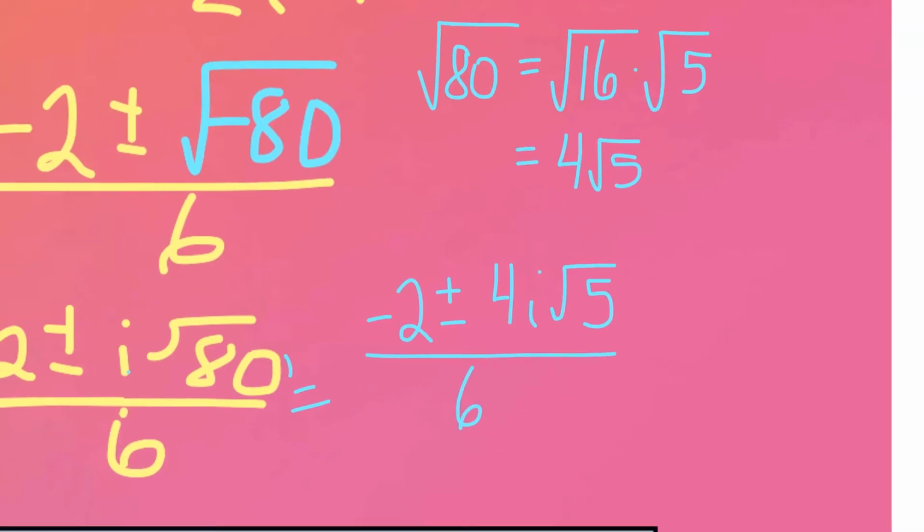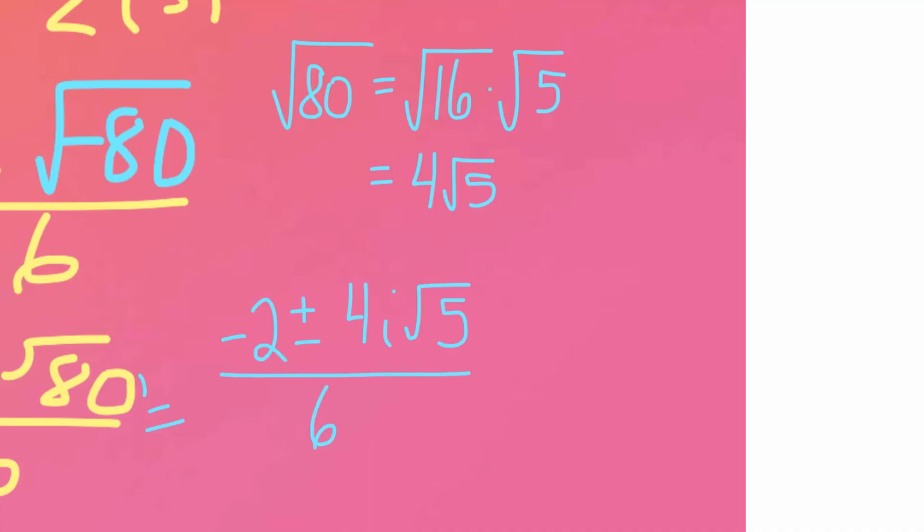Okay, now we can still simplify this a little bit further. I can factor out a 2 from the numerator. And then we'll have negative 1 plus or minus 2i root 5 over 6. And then now the 2 and the 6 can be reduced, just divided by 2.